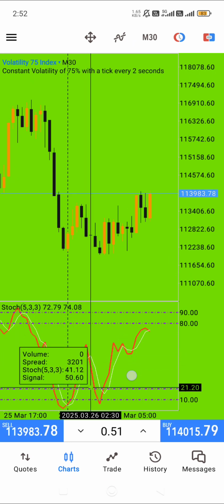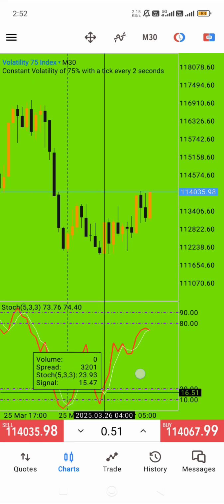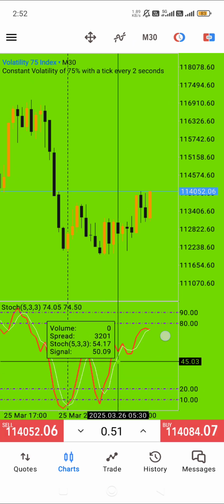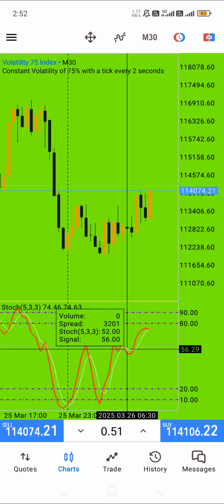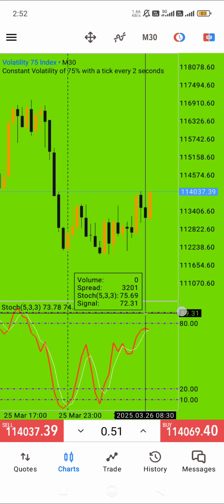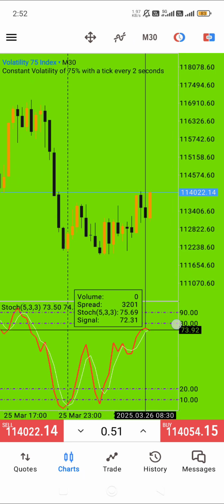Though there are 1, 2, 3 candles, the third candle touches 10 and 20, close the profit, again it crosses both lines at the 10 and 20 level, then the market goes up and down, but it will go up like that. If 80 and 90 both lines cross here and go below 80, then you can sell trade.